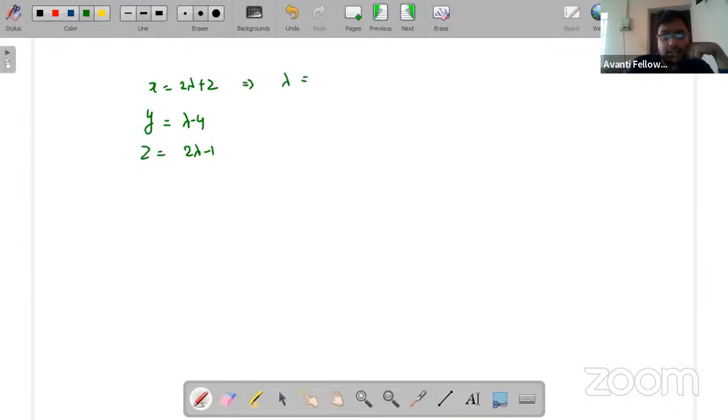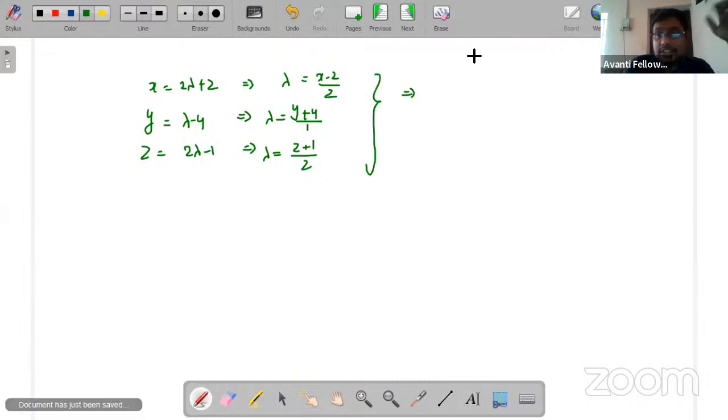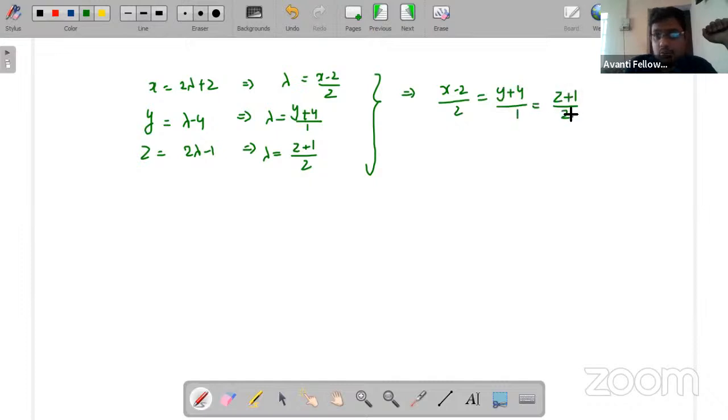Lambda is (x minus 2) upon 2, (y plus 4) upon 1, and (z plus 1) by 2. So now we can write the image line L2: (x minus 2) by 2 is equal to (y plus 4) upon 1 is equal to (z plus 1) upon 2. This is my L2.